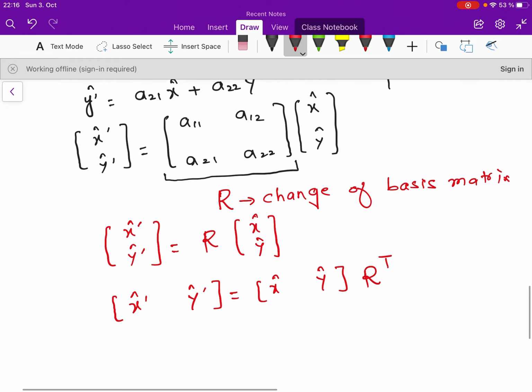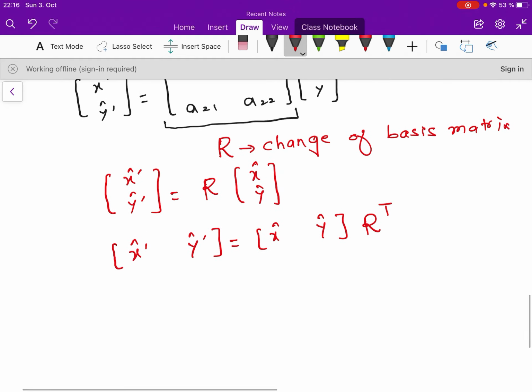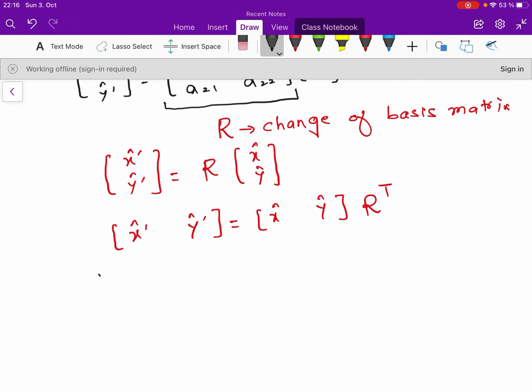Now if we generalize this concept to n dimensions, let me say I have a vector space V with dimension n, and let me say one of the bases is b, which has basis vectors b1, b2 up to bn, and there is another basis for the same n-dimensional vector space, which I call b prime.